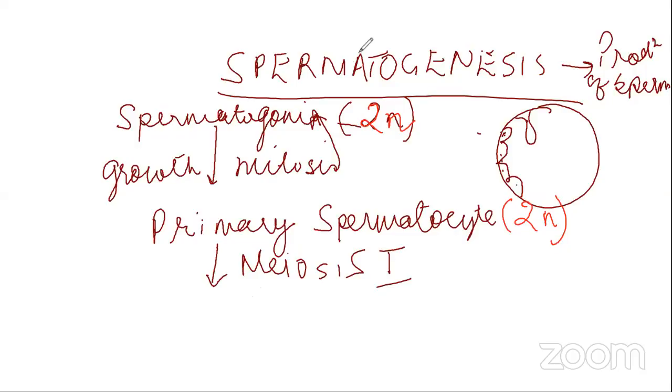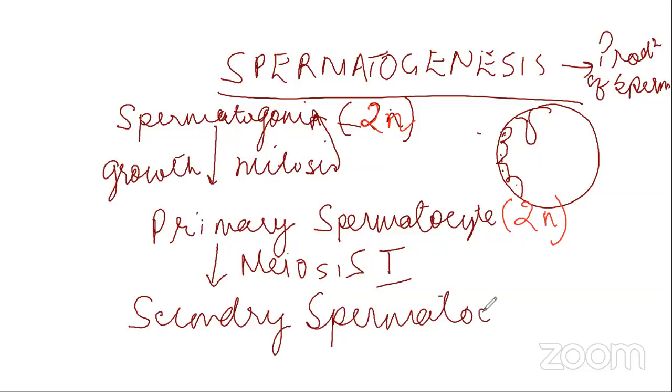All right. So now meiosis 1 results in the formation of secondary spermatocyte. Now this is meiosis 1, and we have read that meiosis 1 is a reductional division. So what is going to happen to the number of chromosomes? The number of chromosomes is going to be half. So the number of chromosomes was 2n over here, half is n. Now secondary spermatocytes undergo meiosis 2.